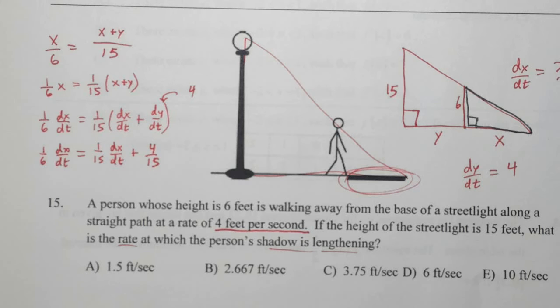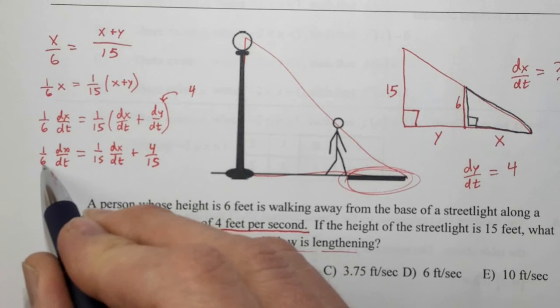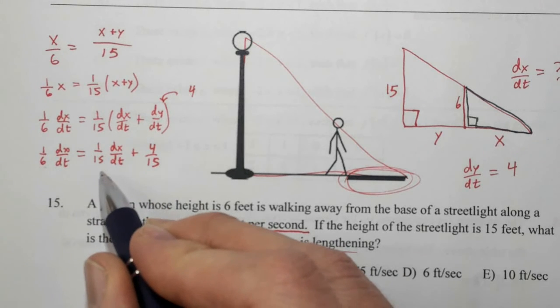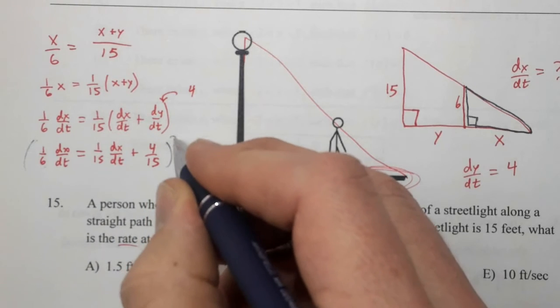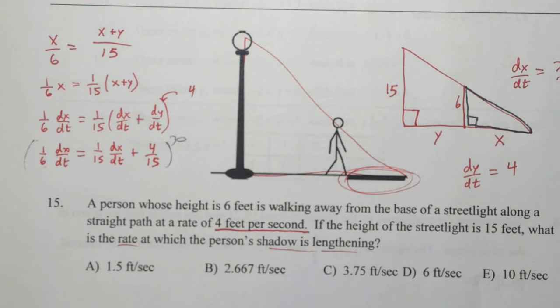Lots of fractions here, and that's annoying. So why don't we do something to eliminate those fractions? What's a common denominator between 6 and 15? It'd be 30. So let's multiply everything by 30.